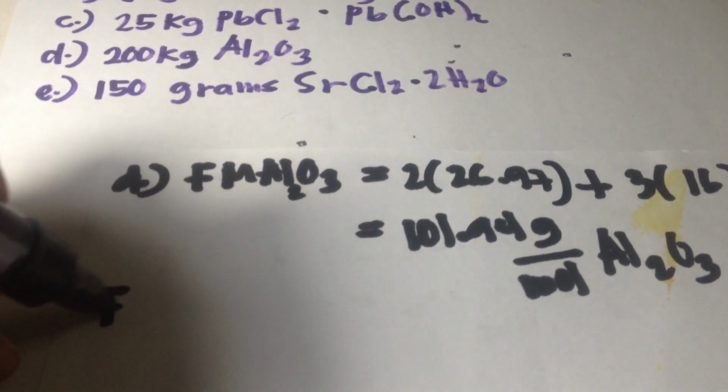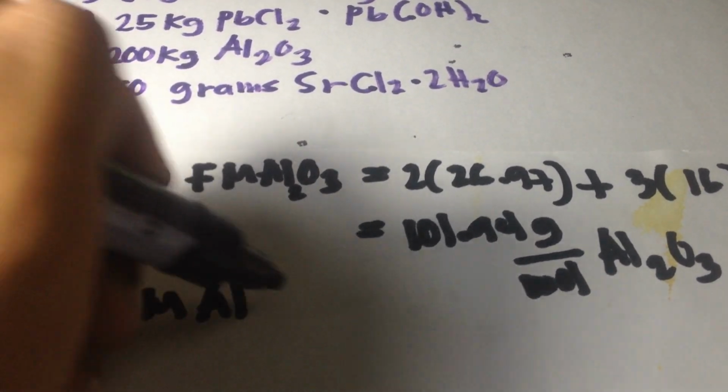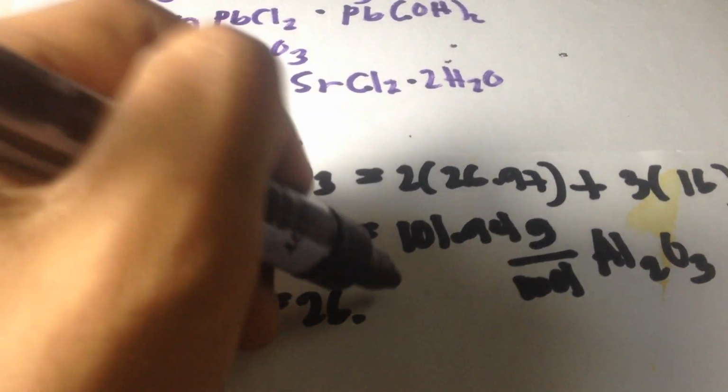The formula mass of aluminum is 26.97 grams per mole.